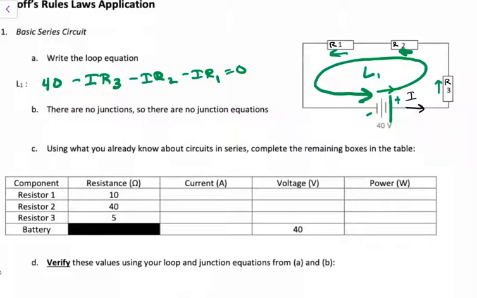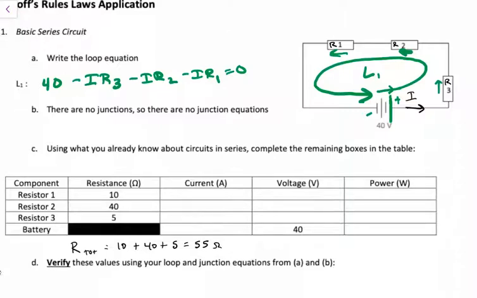There are no junctions, so there are no junction equations. We have a table, but since this is a simple series circuit, I want you to first, in these problems, solve using what we know about series circuits. That's knowing that our R total is equal to 10 plus 40 plus 5, so that's 55 ohms.